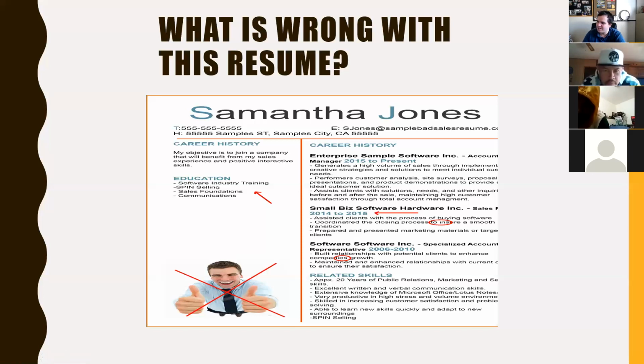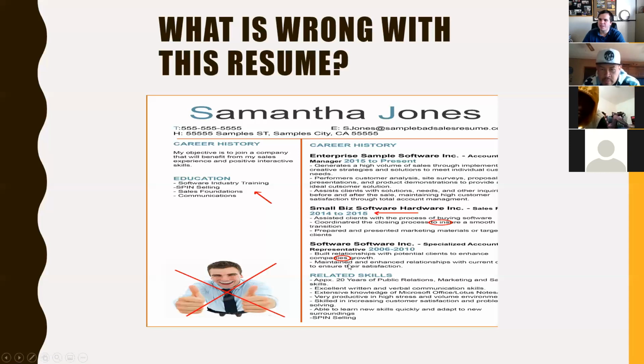A lot of her grammar is off. Some stuff is in big bold, like under education, where it shouldn't be. Definitely. So she's got here, built relationships with potential clients to enhance companies' growth.